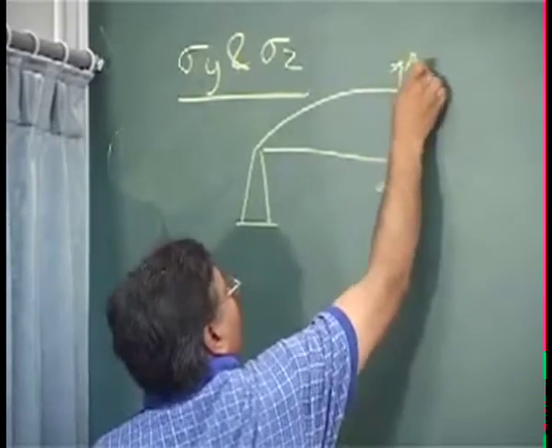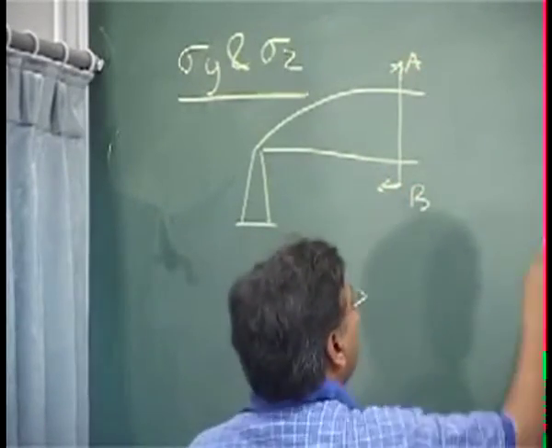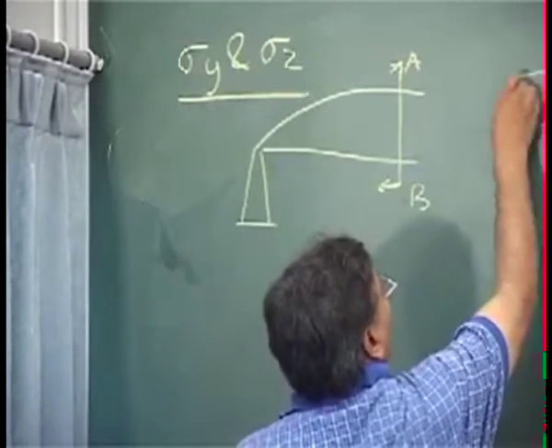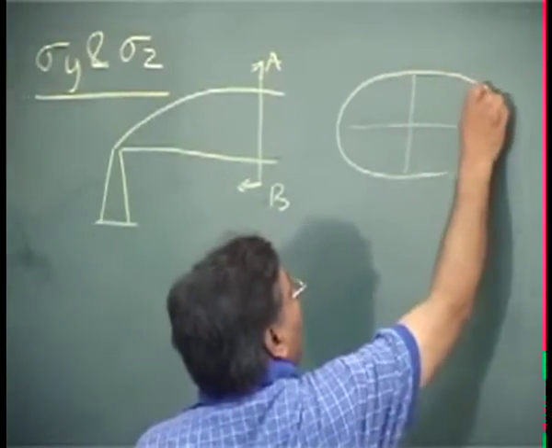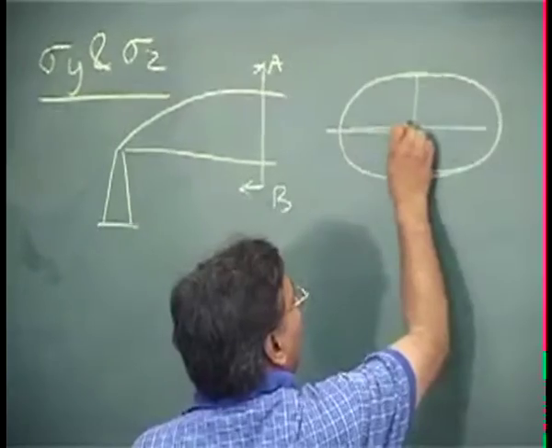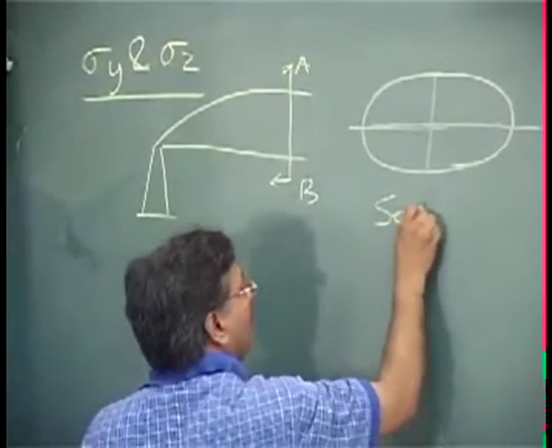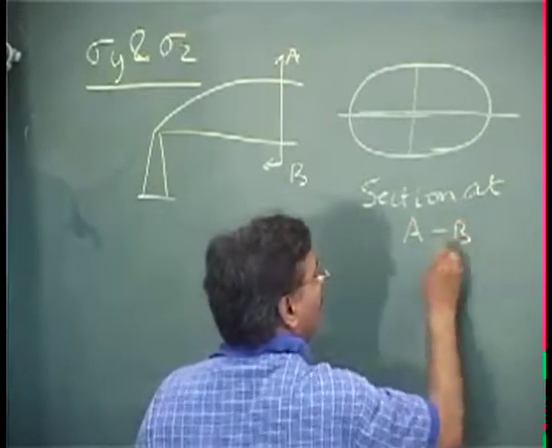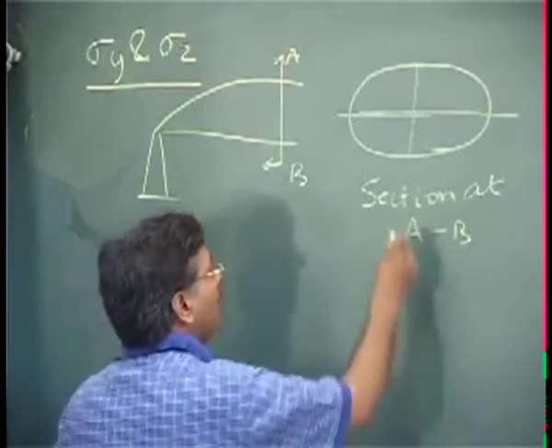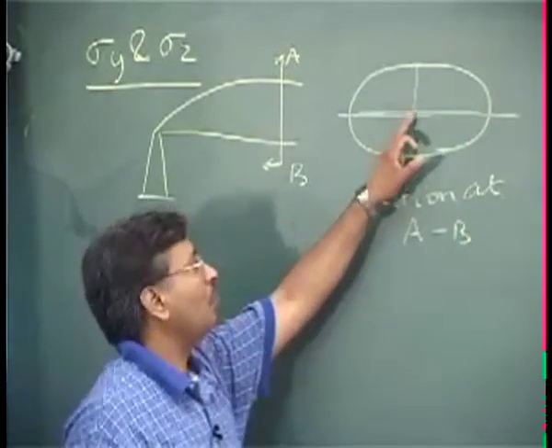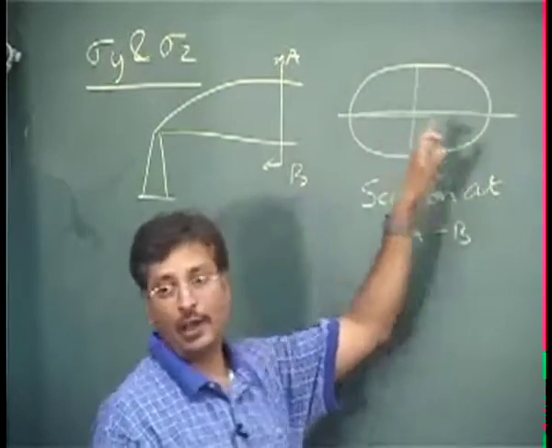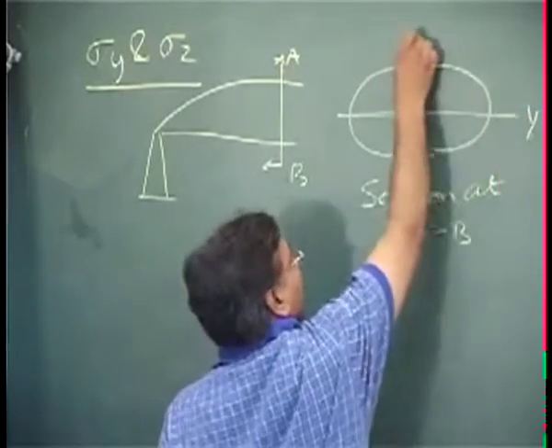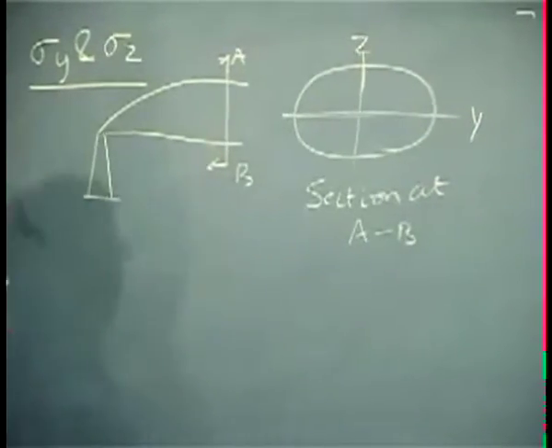I take the section at AB, and if you see the section, what direction is this one? Y. Good. And this is my Z.